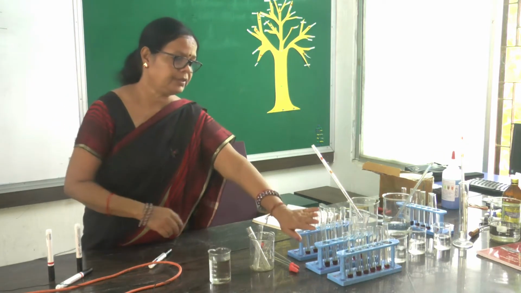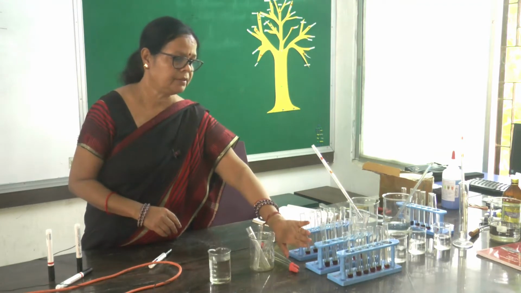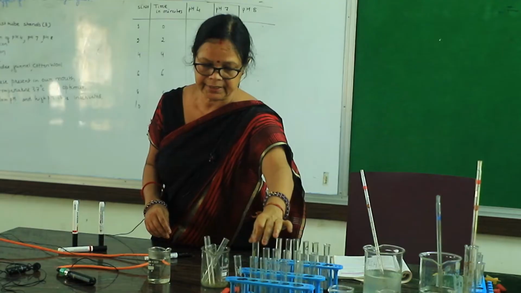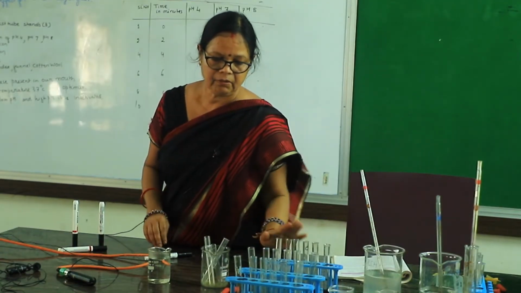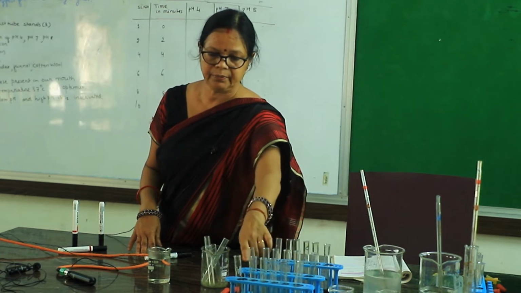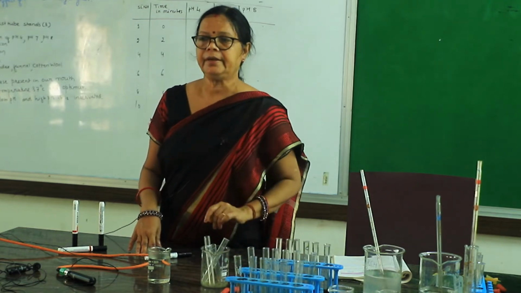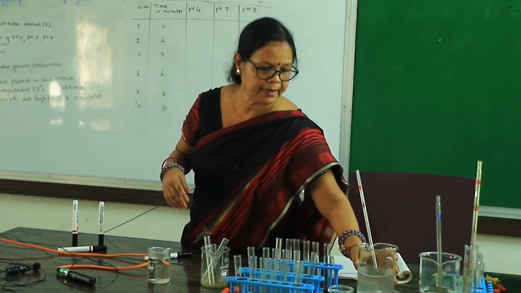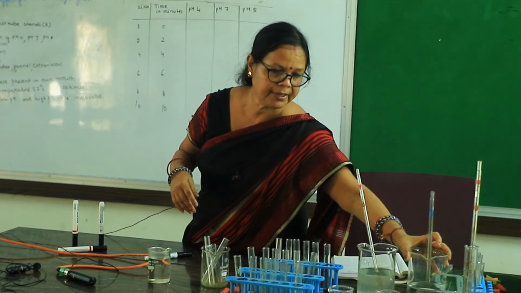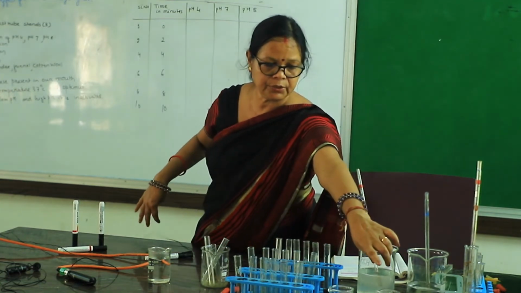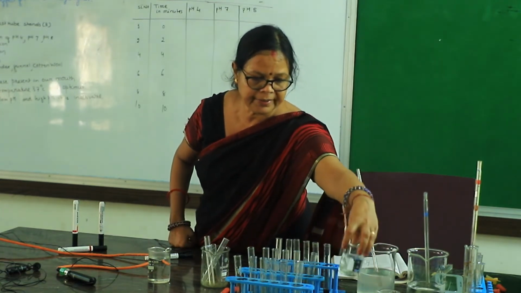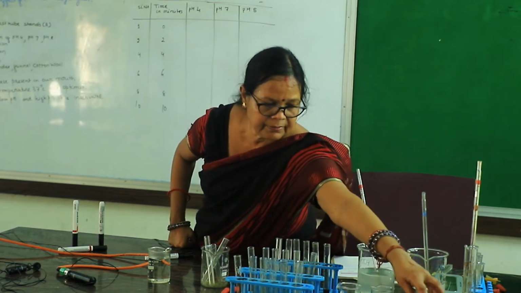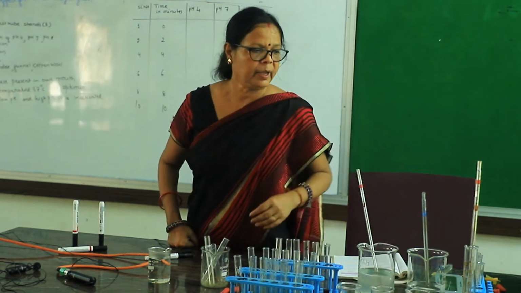So, let's start. Now, I will start the experiment. You have to arrange 3 test tube stands with 6 test tubes, each with 1 ml iodine solution. First make ready one for pH 4, one for pH 7 and another for pH 8. Then there are 1% starch solution and 1% sodium chloride solution, and there are 3 beakers, one containing pH 4 buffer, another pH 7 buffer and the next one pH 8, and this is salivary amylase.